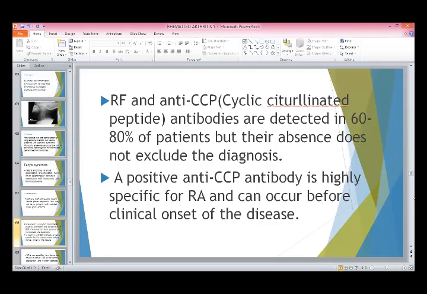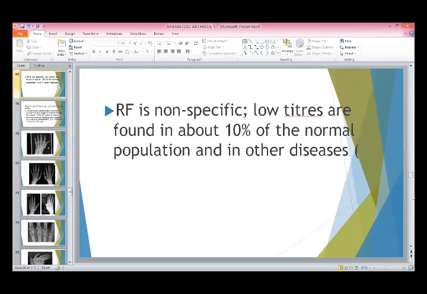Rheumatoid factor is non-specific. Low titers are found in about 10% of the normal population, and with many other diseases like malaria, schistosomiasis, chronic hepatitis, a patient can have positive RF. So this is not specific for rheumatoid arthritis, whereas anti-CCP antibodies are relatively specific.